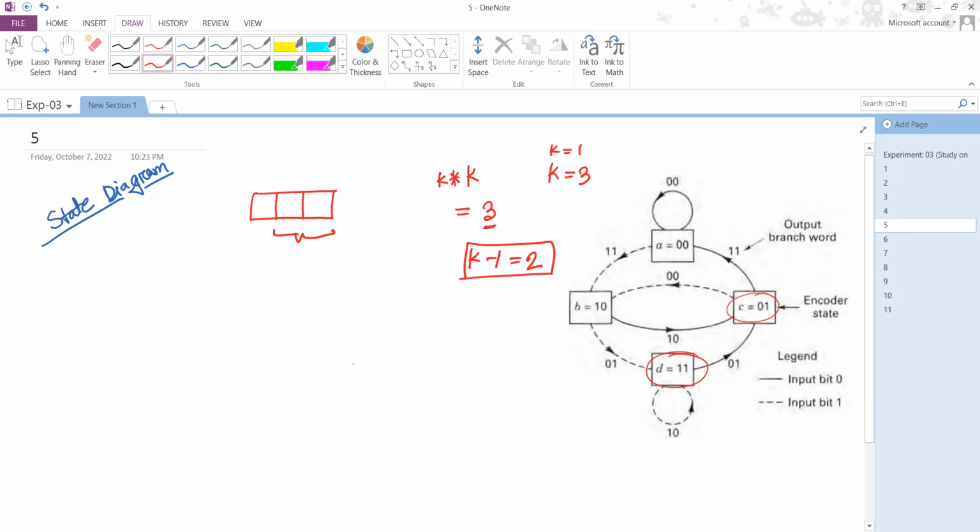As we have 3 shift registers and k-1 gives us 2, the rightmost 2 bits will be our state. For this 2-bit state, how many combinations will there be? There can be 4 combinations possible: 0 0, 0 1, 1 0, and 1 1. And we are giving these 4 combinations the names A, B, C, and D. So let me first draw the things.